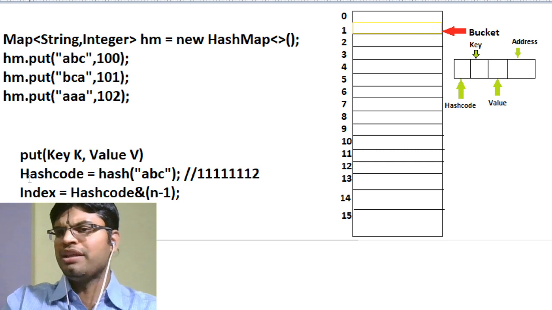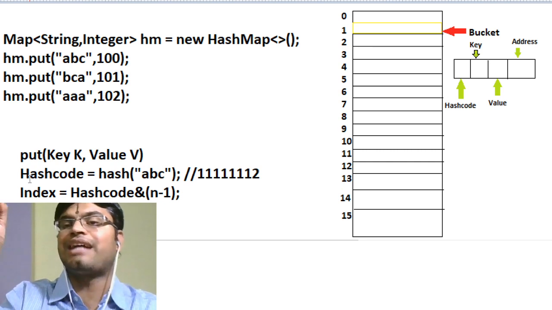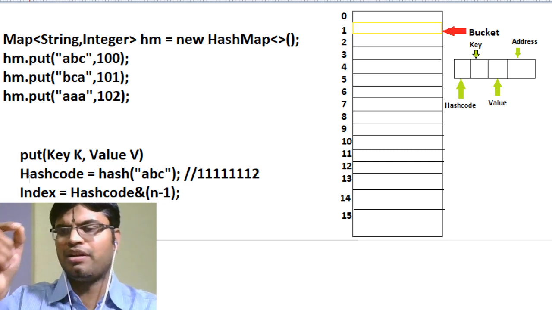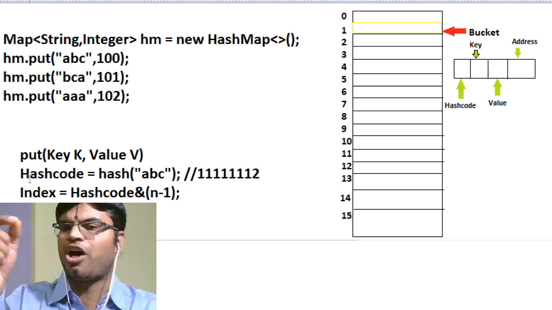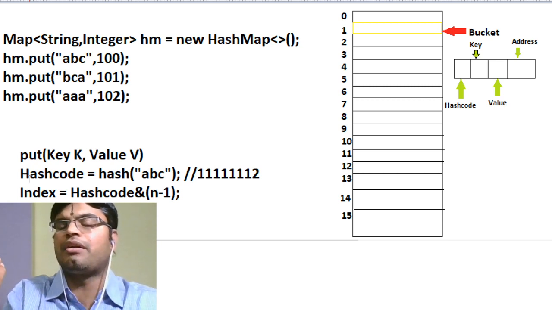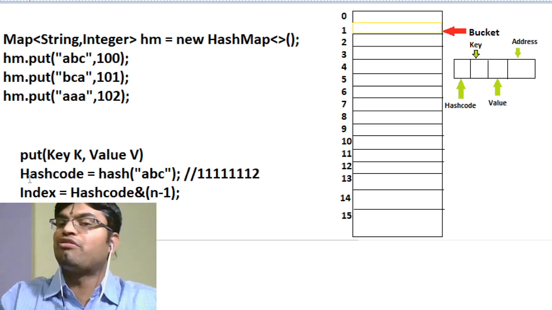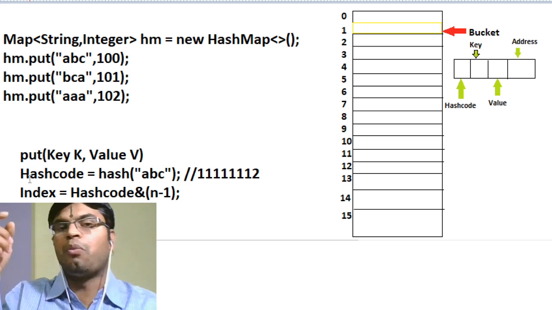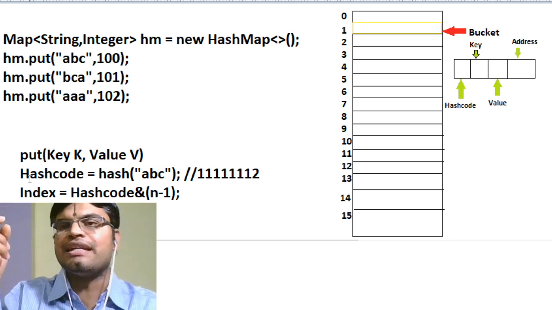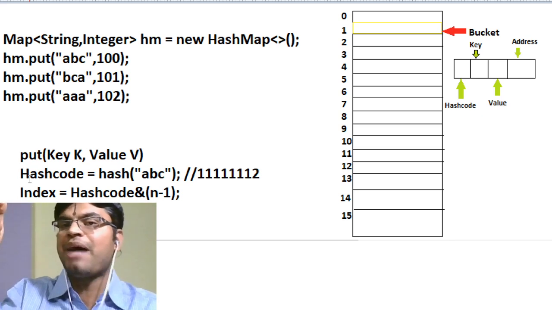Now, why do you think we have one more field called address there? The reason is that normally, if you have only one key for that particular hash code, then only one node will be created and that address will be null. Now, what if you create 2 keys with the same hash code?